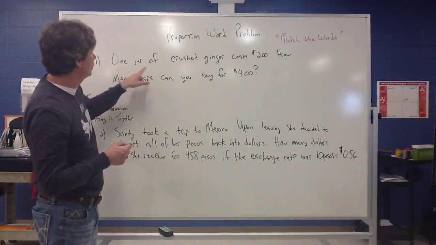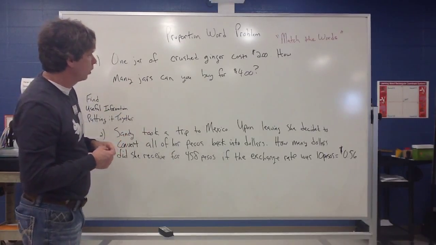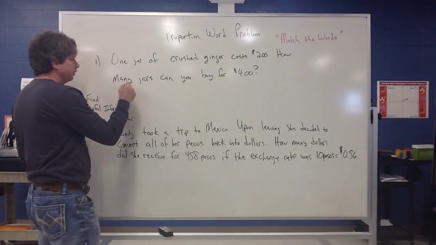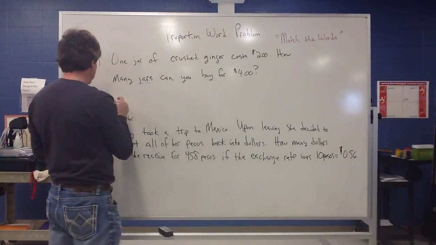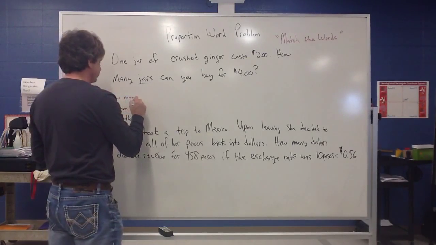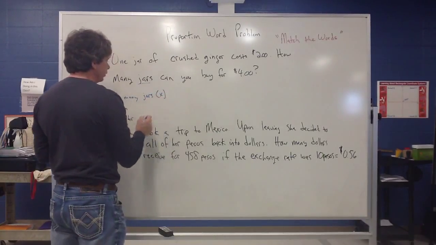So notice how we have one jar costs $2. How many jars can you buy for $4? So again, notice that in that last sentence, we're trying to find how many jars. That's the unknown, which we can use the letter X for.